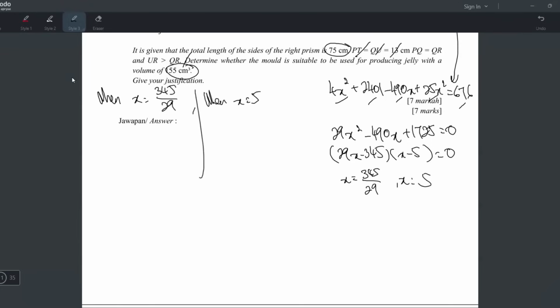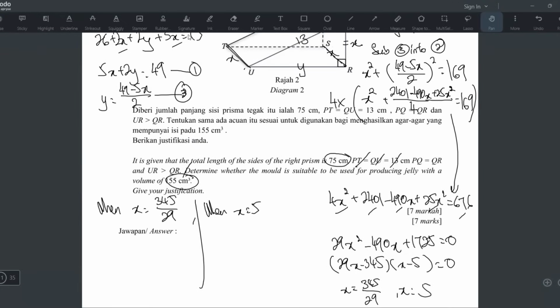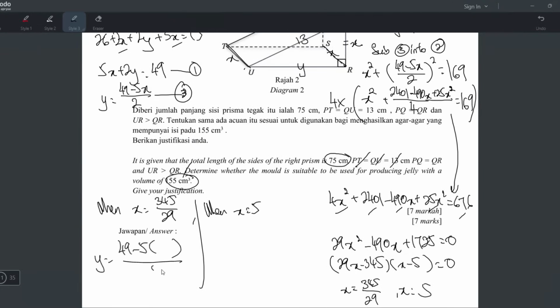So, how to cari balik y, kita ganti dalam equation 3. So, your y is equal to 49 minus 5x over 2. And then ganti again for here, 49 minus 5x over 2. Alright, so 345 over 29, ganti masuk. And then ini 5. Okay, now just use your calculator and press this. If you press all this in your calculator, you will get negative 152 over 29.